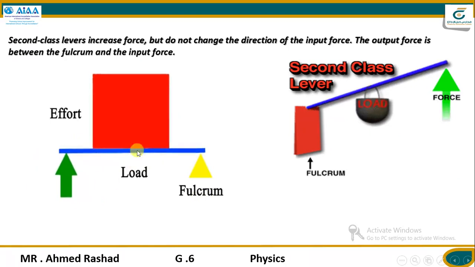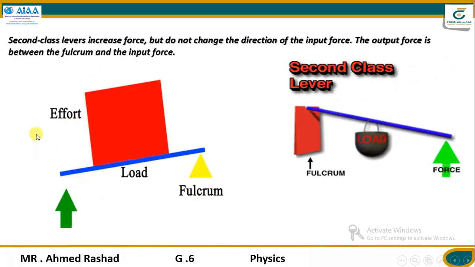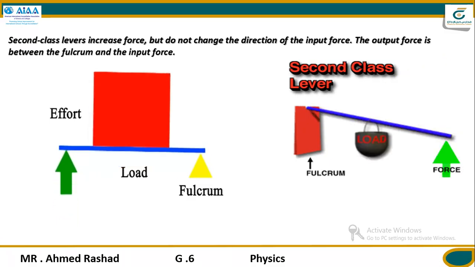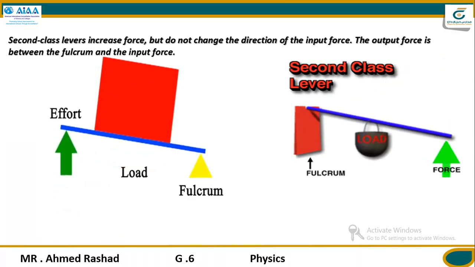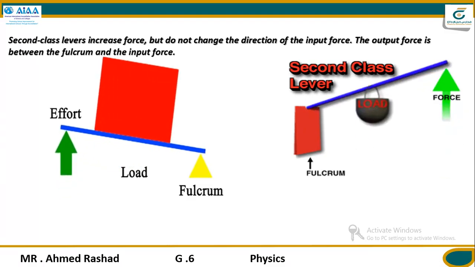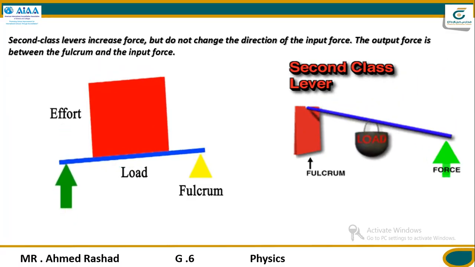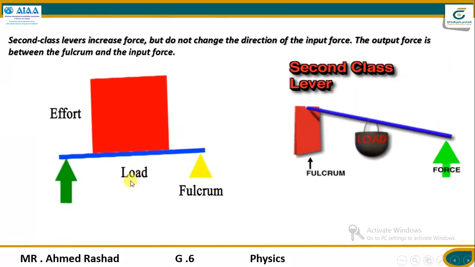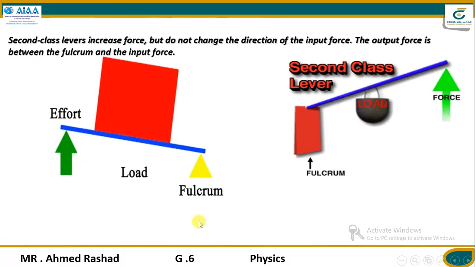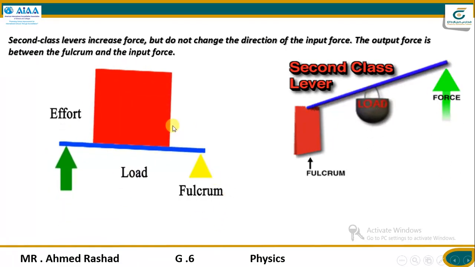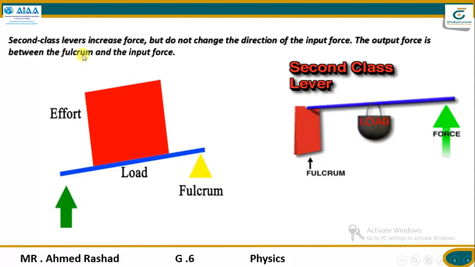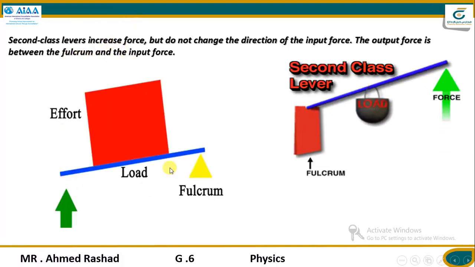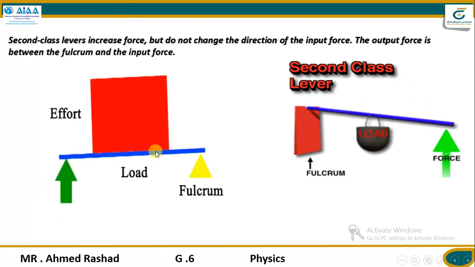An example is when we pick up some weights using a flat bar like this, and put the output force here between the input force and fulcrum. So again, in the second class of levers, the fulcrum takes place on one side and the input on the other side, and between them is the output force.